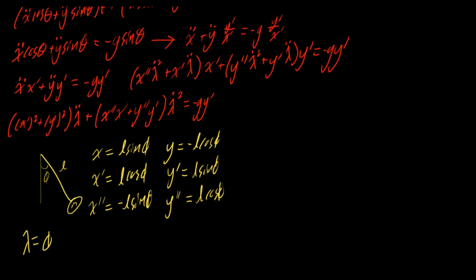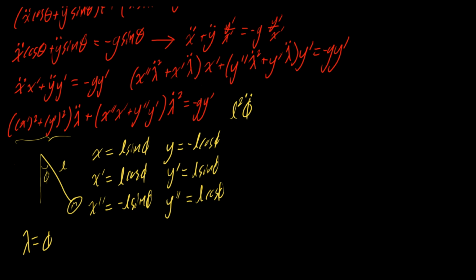So here you can see that x prime squared plus y prime squared is just going to be L squared cosine squared plus sine squared. So this term right here is just going to be L squared phi double dot. And then for this term, x double dot, negative L sine phi times L cosine phi, you're going to get negative L squared cosine phi sine phi.